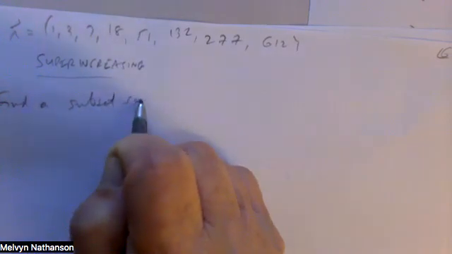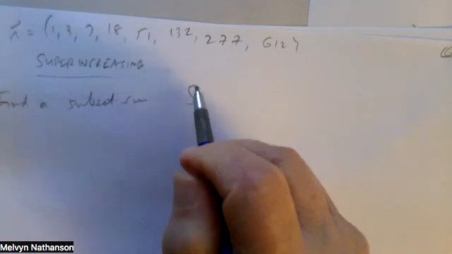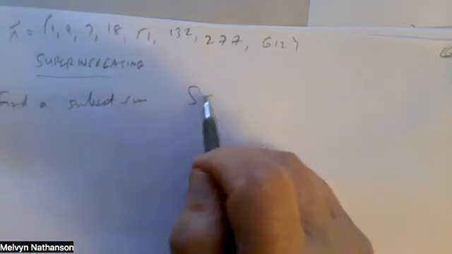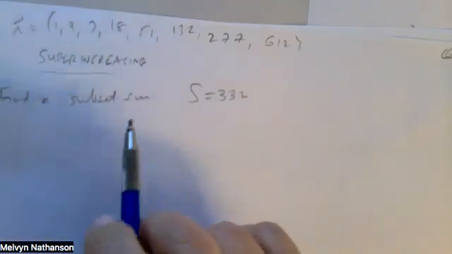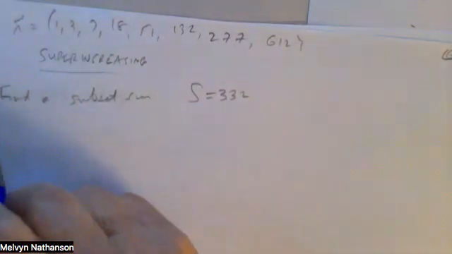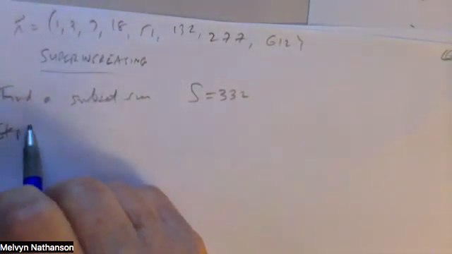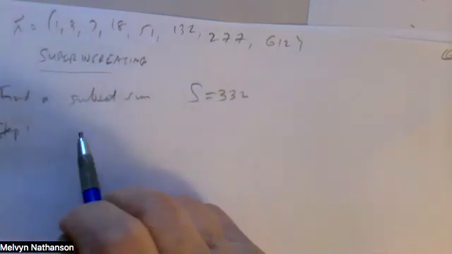We want to find a subset sum. Well, we have a subset sum S equal to 332. We want to find the numbers in this set that add up to 332. So step 1, find the largest element less than or equal to 332.